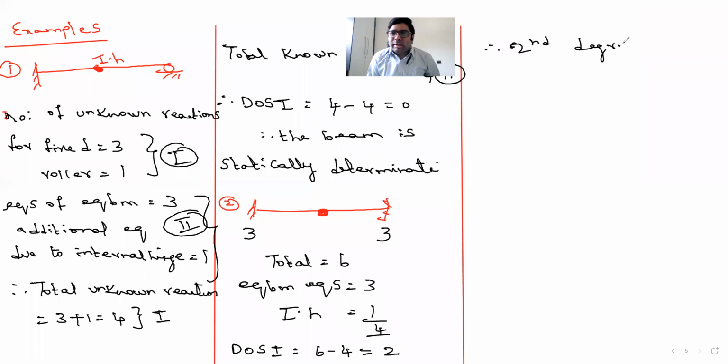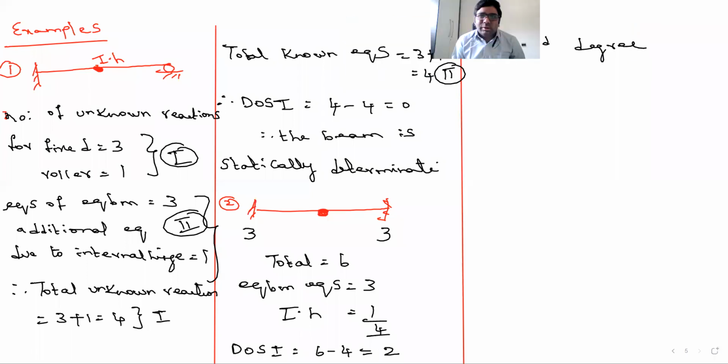Now be ready with the next problem, the last one for today's class. The third one, all of you be ready with your keypads. We have an internal hinge here, an internal hinge here. This is a very good question. Here we have 3, here you have 1. No, 2 internal hinges are there, not 1.